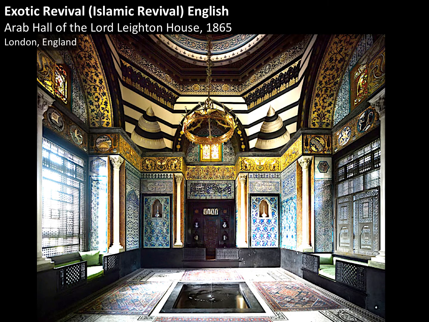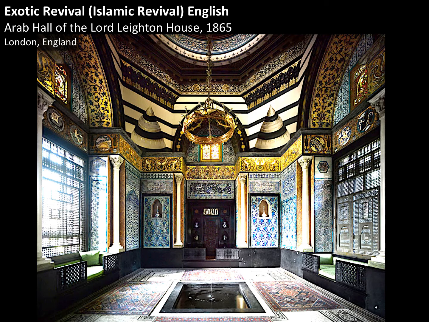For an example of the exotic revival in England, I'm showing you the Arab Hall of Lord Leighton House. Now, Lord Leighton was a painter, and he traveled to the Middle East and collected hundreds of tiles that were made from the 14th to the 17th century.